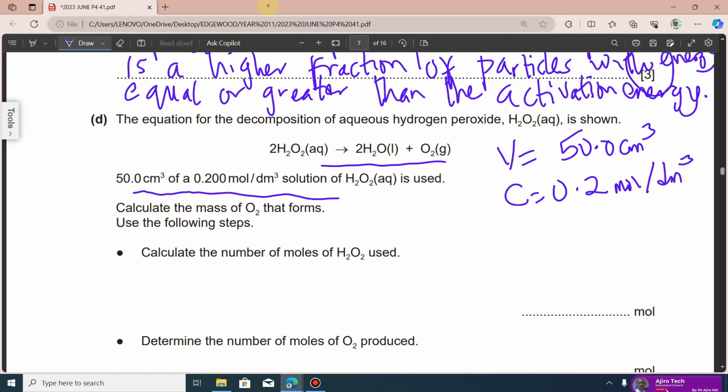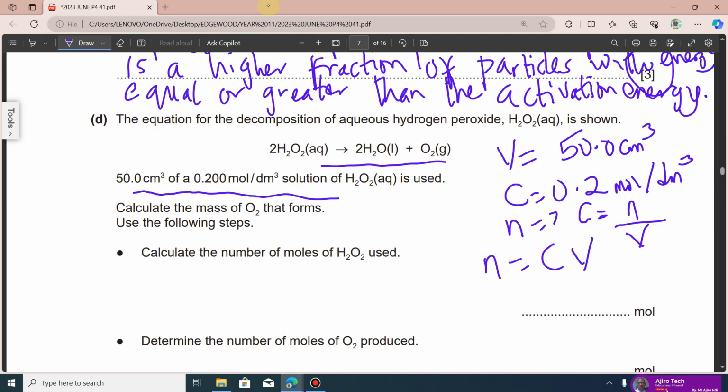Now, we look for a relationship that relates number of moles to all of this. Remember that we are looking for the number of moles. Now, recall that the concentration is equal to the number of moles divided by the volume.